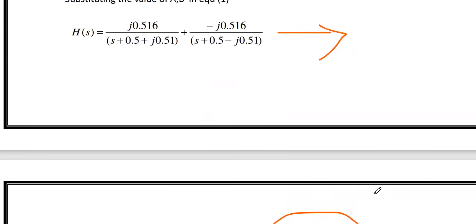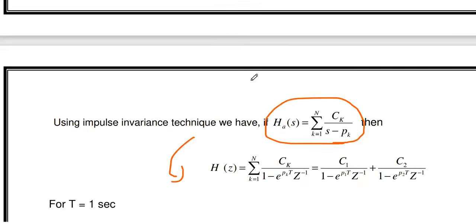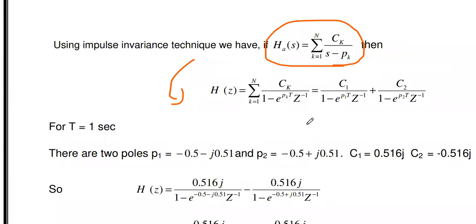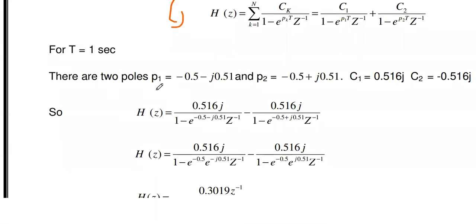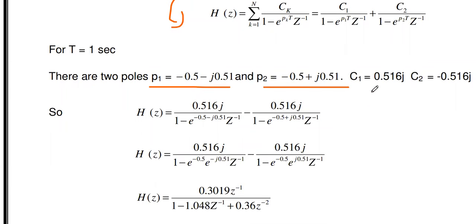Here the order N is 2, so expanding, C1 by (s minus P1) plus C2 by (s minus P2). From that, we have to find the poles P1 and P2 and the values C1 and C2.